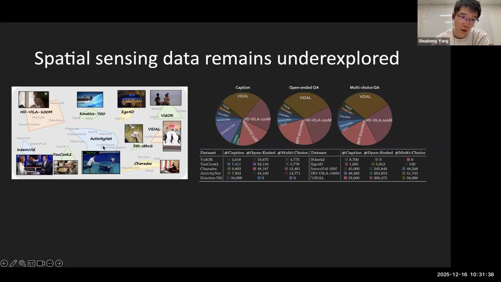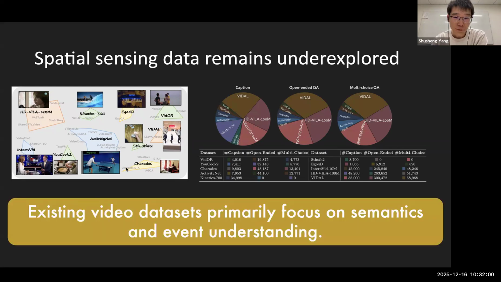And for this LLaVA-Video dataset, we can find that most of these videos are from Kinetics and Ego4D. They are all activity related or conceptual or semantic related. So it's hard to find any spatial related data for current video multimodal models.